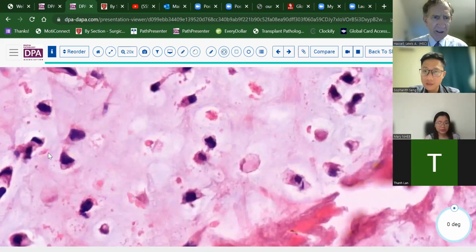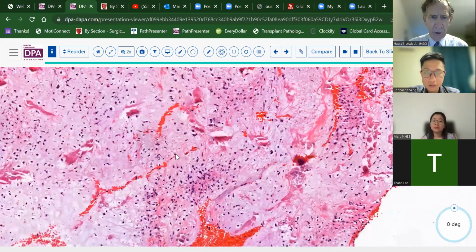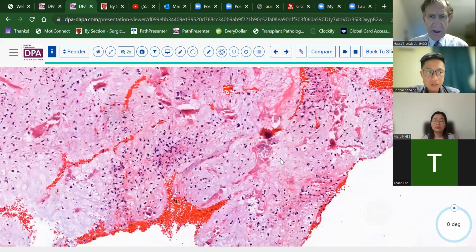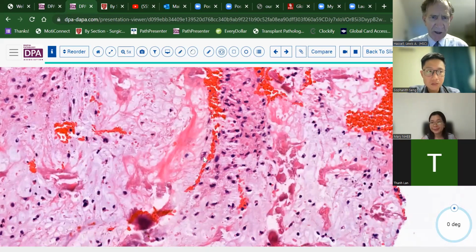A fair degree of atypia in some of them. A degree of cellularity here in some areas. And maybe some sense that there's a bit of matrix forming here. Here's a cell within a lacuna.